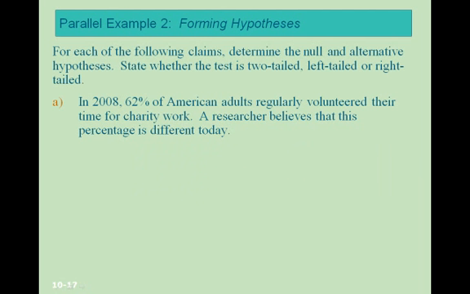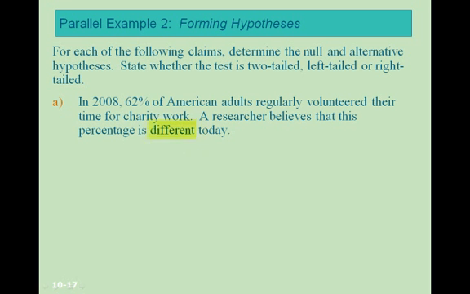For each of the following claims, determine the null and alternative hypotheses, and state whether the test is two-tailed, left-tailed, or right-tailed. So this is part A that we looked at earlier, where we have 62% of American adults regularly volunteering their time for charity work, and a researcher believes this percentage is different today.